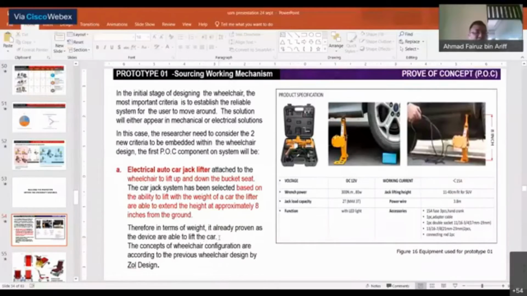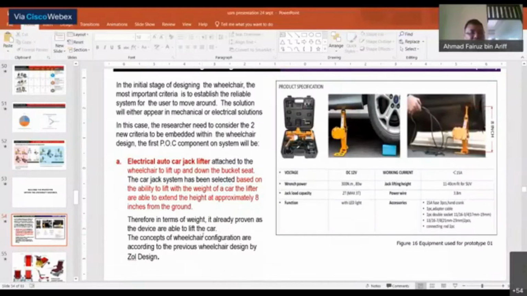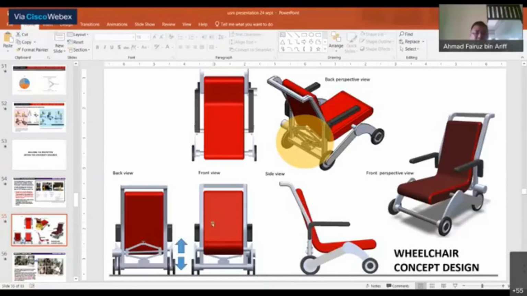The concept of the wheelchair configuration follows the previous wheelchair design. Okay, so this is the preliminary design concept. The mechanism is put at the back, and then using motors, it lifts up and down.